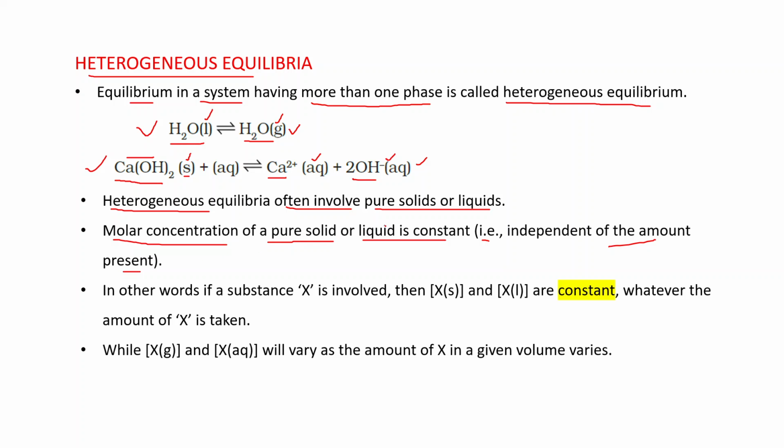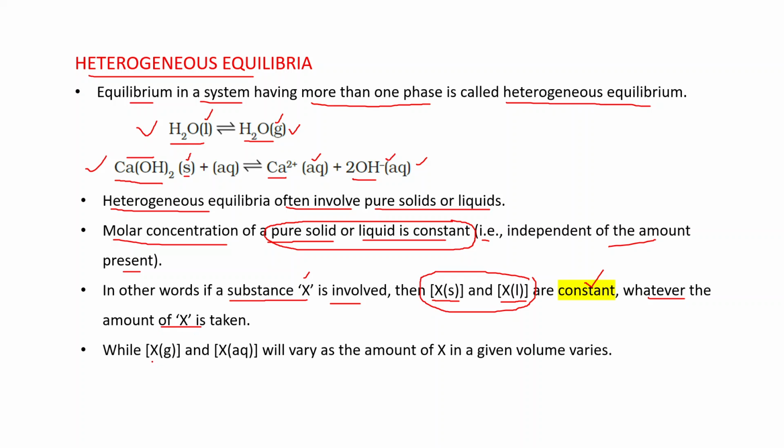In other words, if a substance X is involved, then [X(s)] represents the concentration of X in the solid state and [X(l)] represents the concentration of X in the liquid state, and both these concentrations are taken as constant, whatever the amount of X taken.